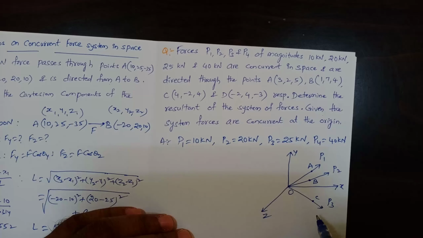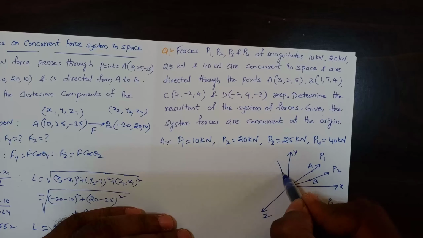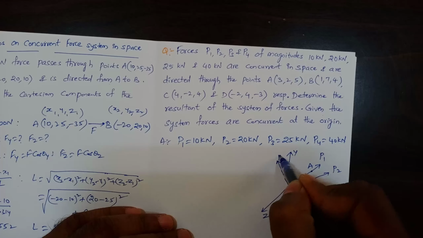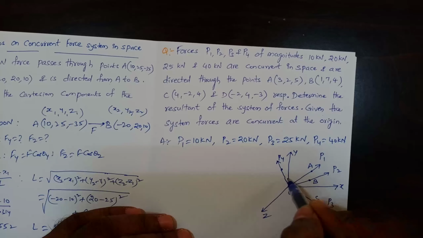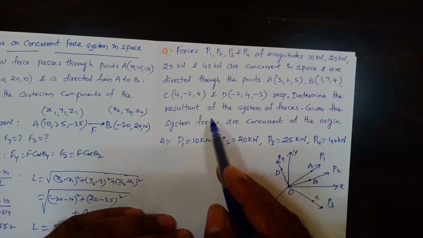Next, negative x and negative z means this direction, and somewhere here is P4, and this point is D. It's a rough diagram. So now these are the points given, A, B, C, D.